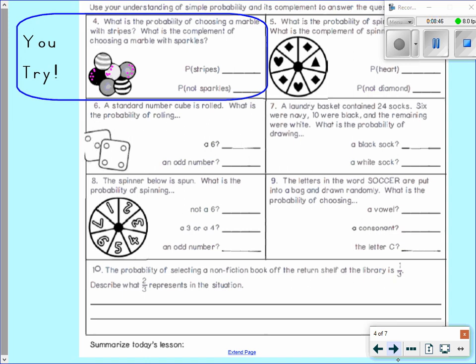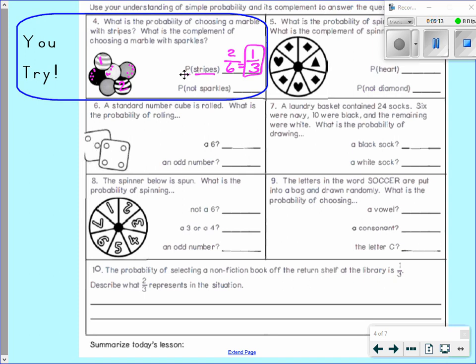So I know that these marbles have sparkles. All right, so the probability of choosing a marble with stripes, how many are there of stripes? There are 1, 2, out of 3, 4, 5, 6. And please make sure you simplify. That would be 1/3.